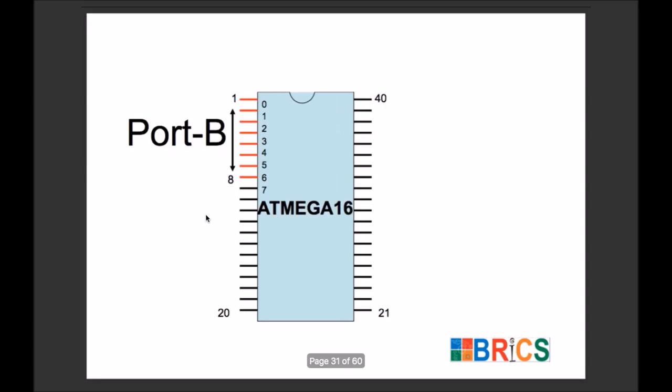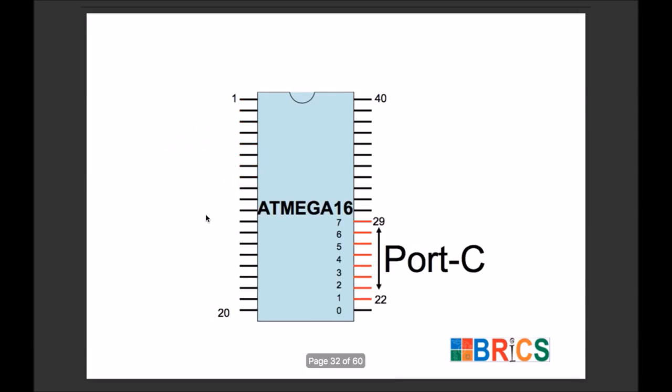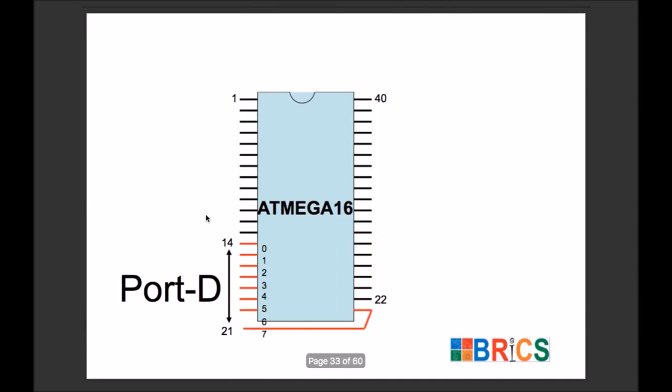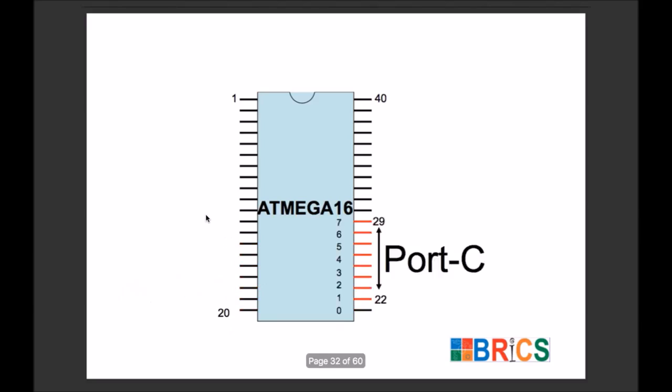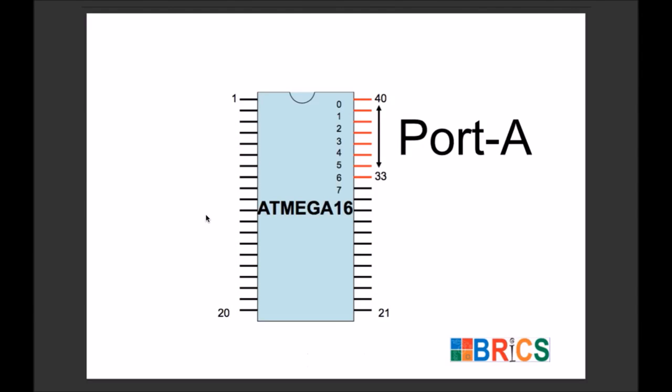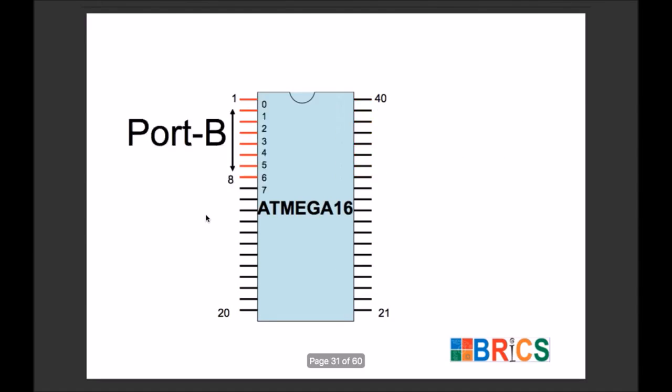Similarly, we have pin number 1 to 8 called port B, pin number 22 to 29 is called port C, and pin number 14 to pin number 21 is called port D. All these four ports, having 8 pins, represent 1 byte, and in the slide you can see that A, B, C, D all have an MSB as well as an LSB.